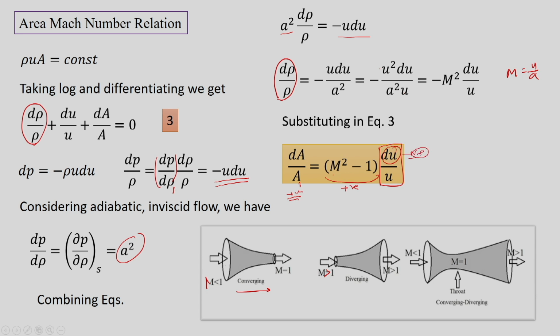That means again, the diverging section acts as a nozzle in the case of supersonic flow. So the converging section acts as a nozzle for subsonic flow, and the diverging section acts as a nozzle for supersonic flow. Further, if we add converging and diverging sections together, then we have a convergent divergent nozzle, where at the inlet we have subsonic flow and at the outlet we have supersonic flow.